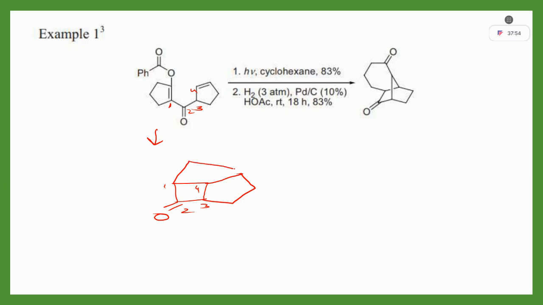This will form here. Let me number it. A. Students, if you do numbering in this type of system, things will become easier for you. A, B, C, D. Understood? So after one, A is coming, that is OCOPh. Good. And till now your job is done. Now A is there, B, C, D, and D is connected to 1. So very good.